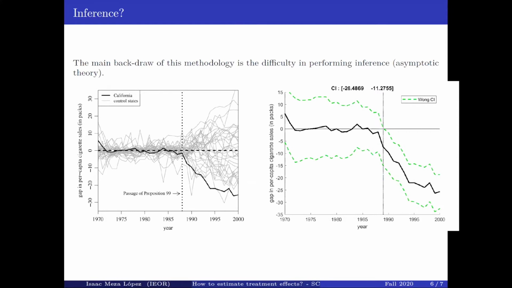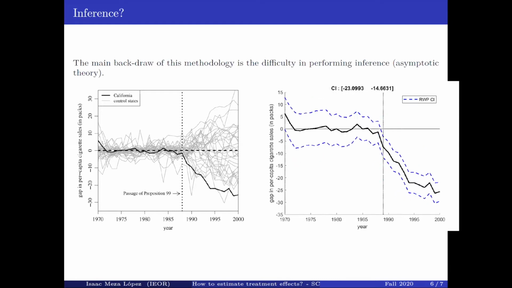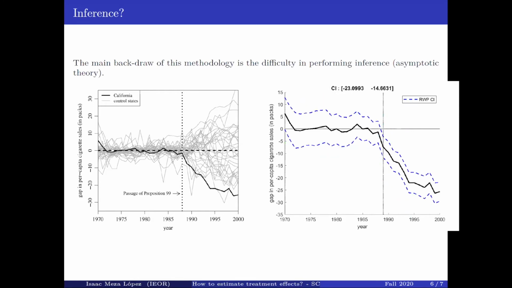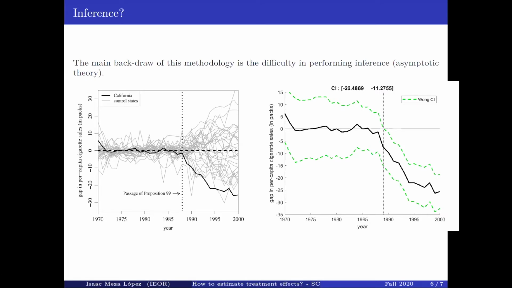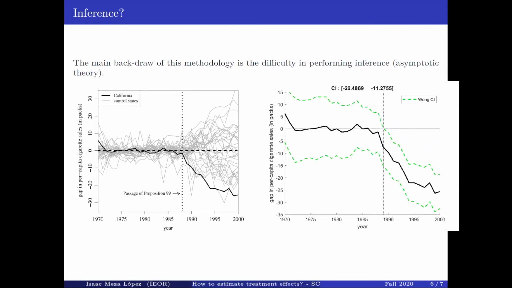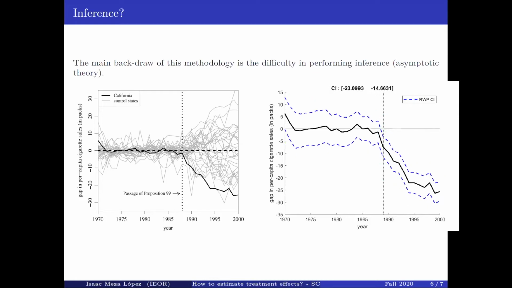So now the problem is, how do we conduct inference in this methodology? We can see in the right panel that there are several methods that try to construct confidence intervals for this methodology. What I did is the blue dotted line, and as you can see, it's better in the sense that it has narrower confidence intervals. So that was it.